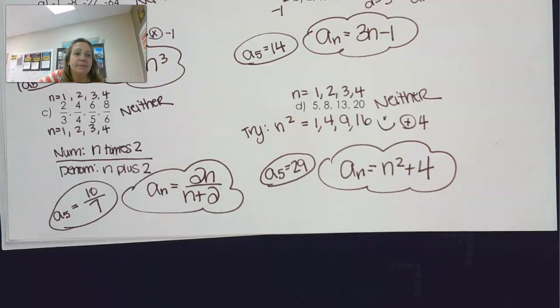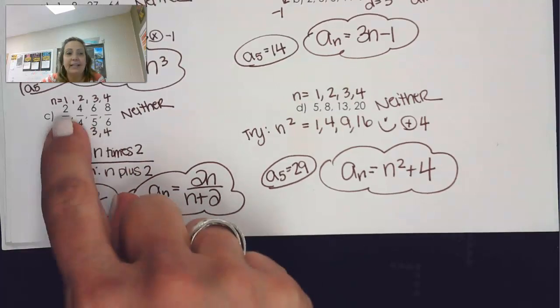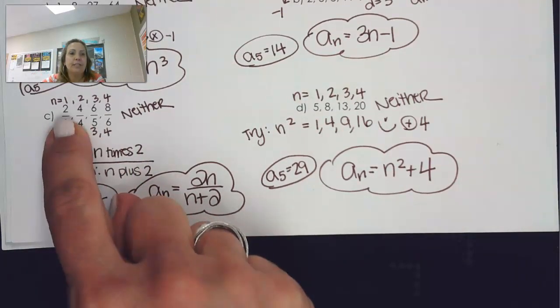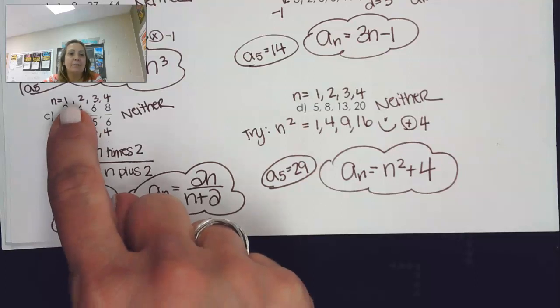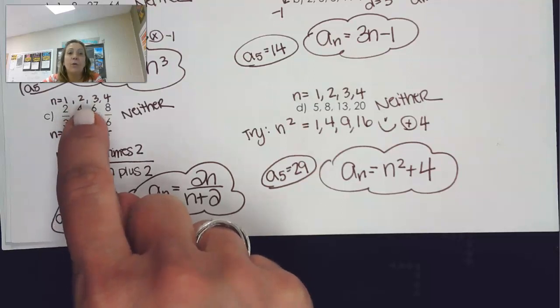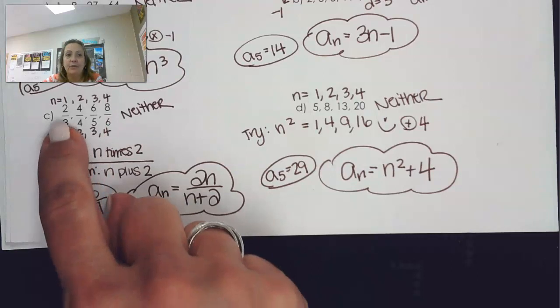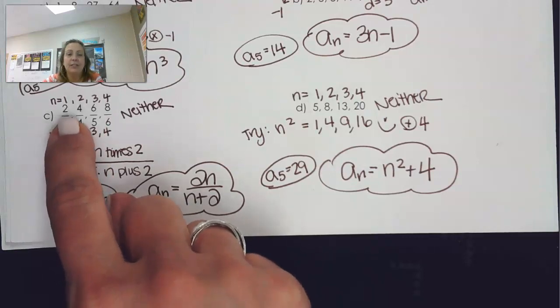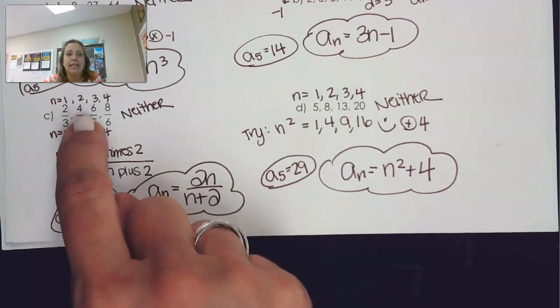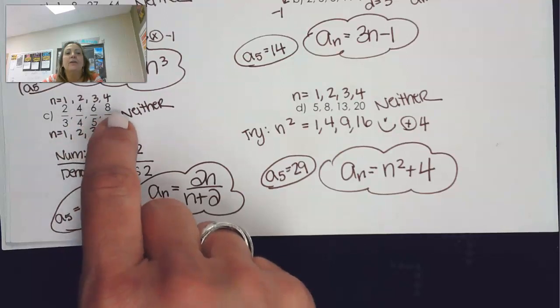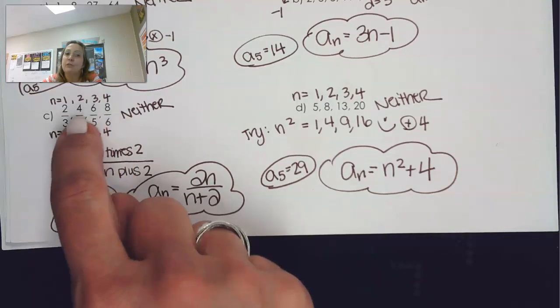In letter C, this is again on its own a neither. And so I just made a little note here that in the numerator, I have n times 2 each time. You also could have noticed that in the numerator, if I just look here at 2, 4, 6, 8, this is arithmetic with a common difference of 2.